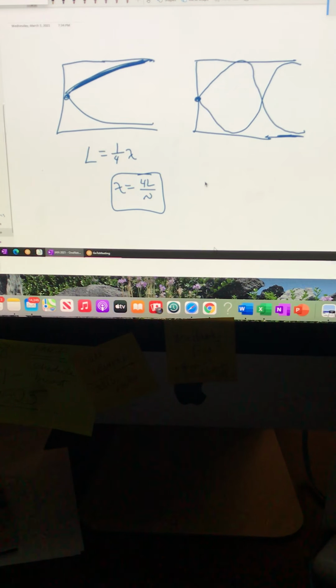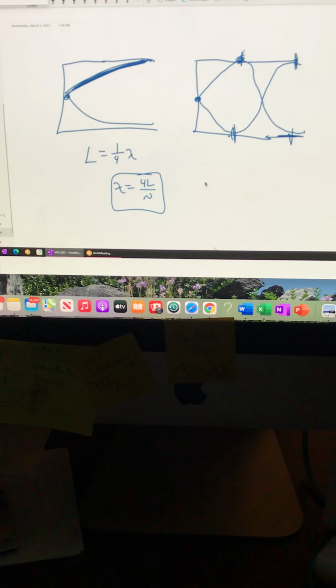So how many times did this wave resonate in this pipe? Twice. Once here? No, Kenneth, look. Twice. If I pulled this right out here and I pulled it out there, this would be the first harmonic. So that's the first time I resonated. This is the second time I resonated. Everybody see that? This wave resonated twice. It's supposed to hit an antinode. It did it once. It did it twice.